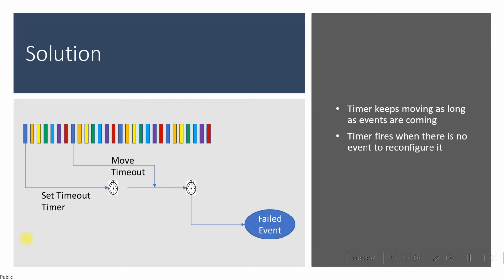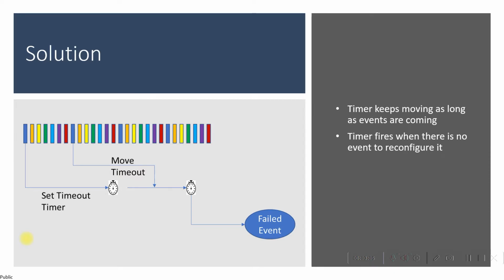So when the first event comes in, we set a timer with a 20-second timeout. But if the next event from the same device comes in, it will move that timer window out into the future by that delta. As long as we keep receiving the events, the timer will keep shifting and never go off.